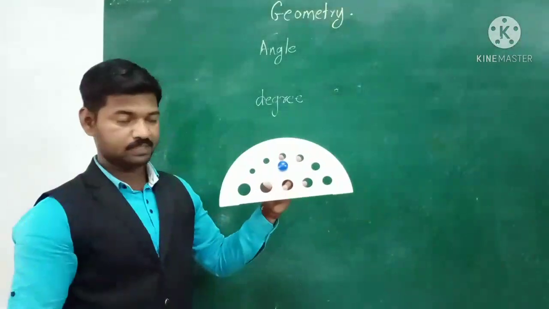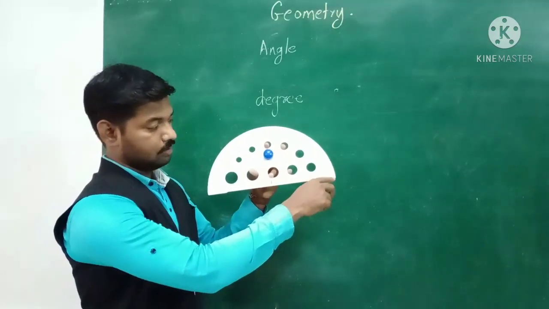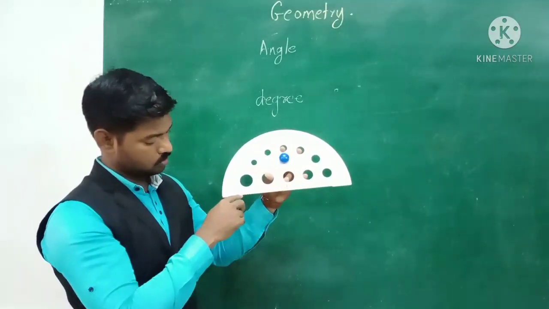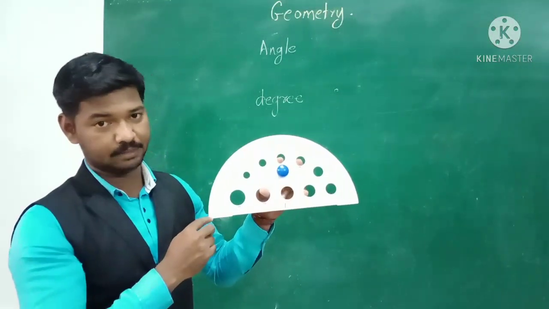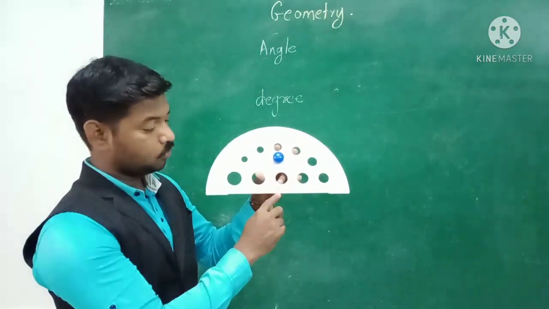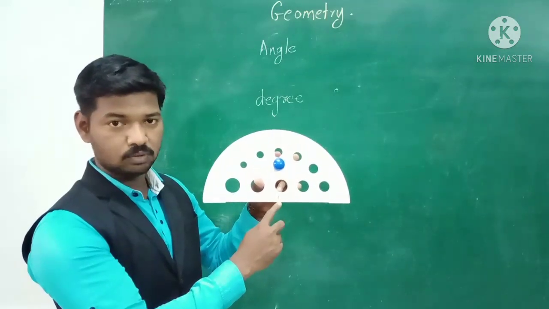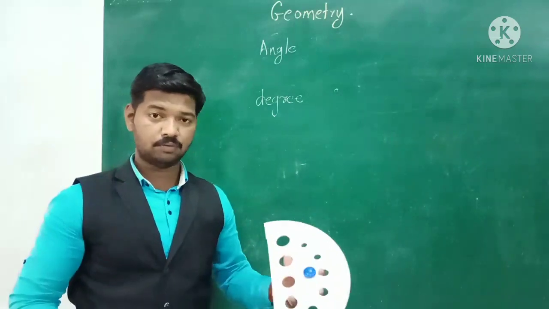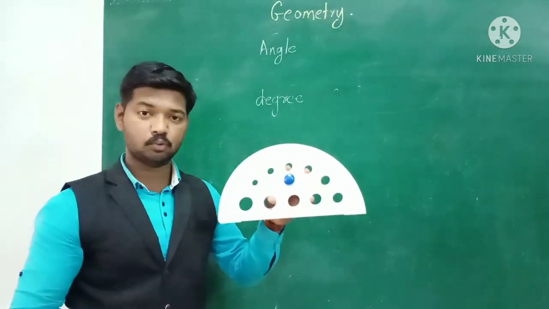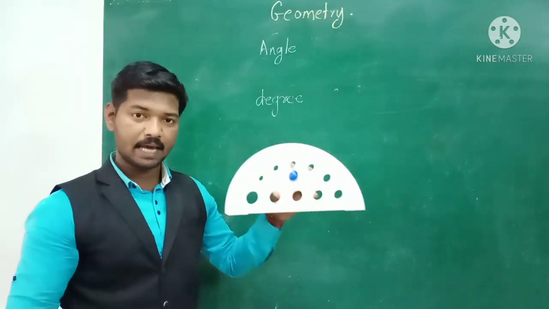The line segment joined from 0 to 180 is known as the baseline. The midpoint of the baseline is known as the center of the baseline. So now we will see how to use the protractor for measuring the angle.